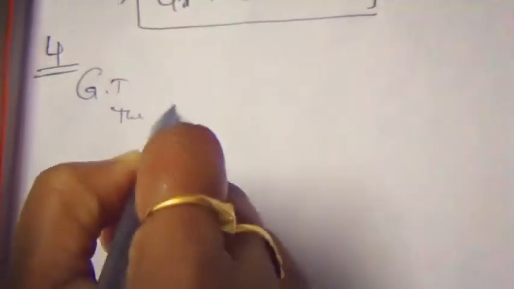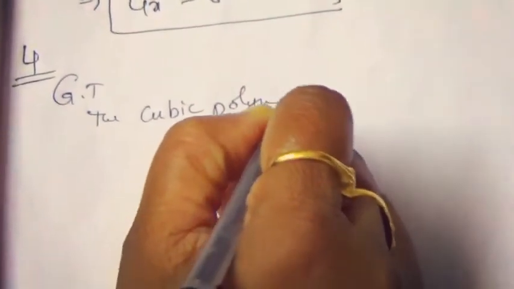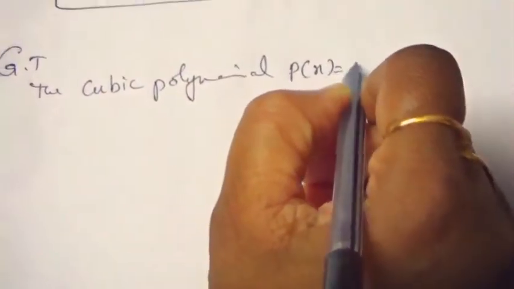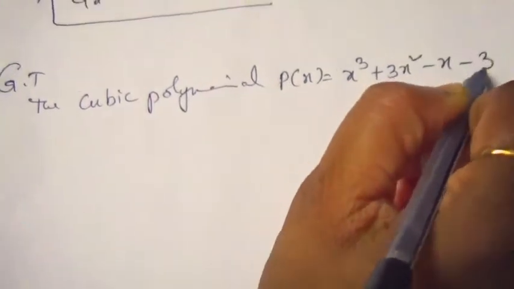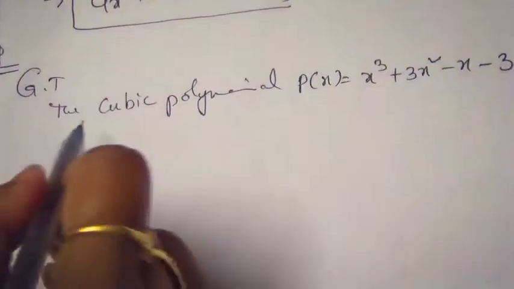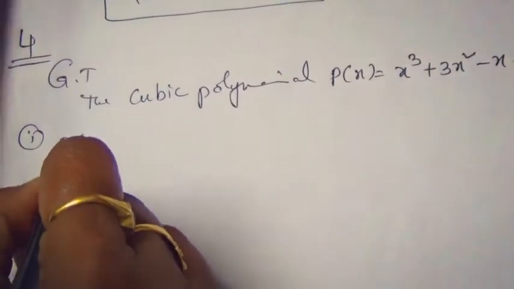Okay. First of all, given that the cubic polynomial p of x is equal to x cube plus 3x square minus x minus 3. Okay, let us check the first number, that is p of 1.